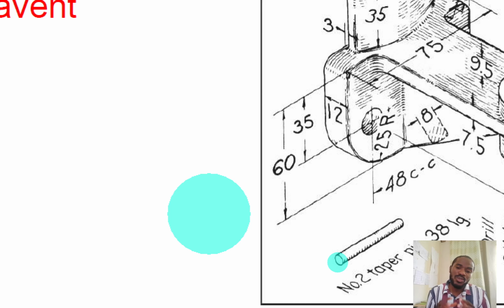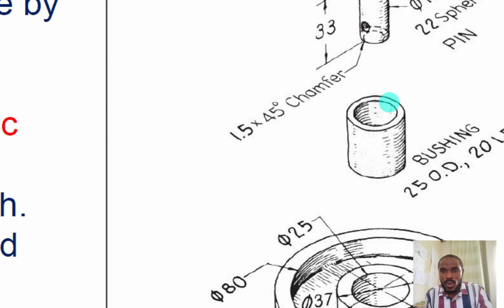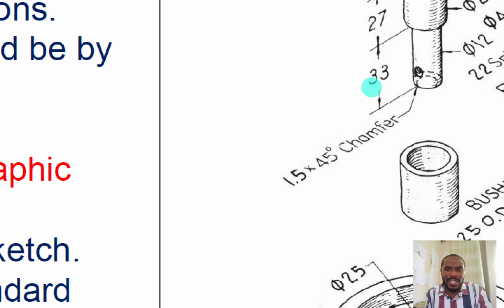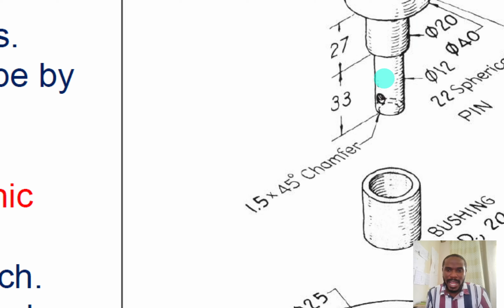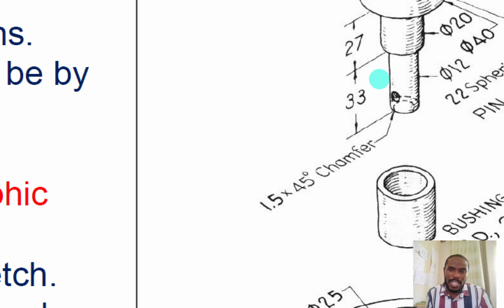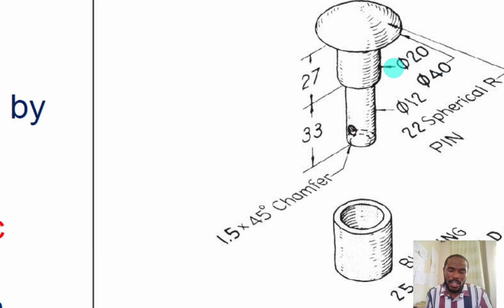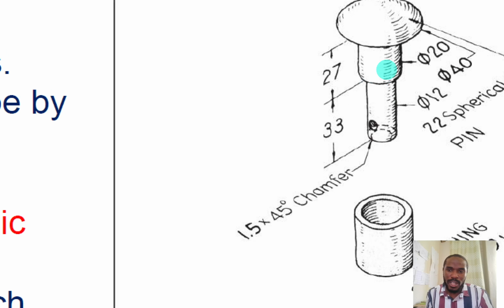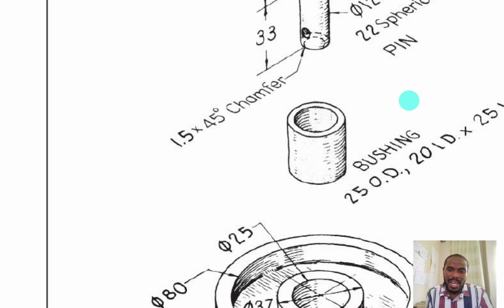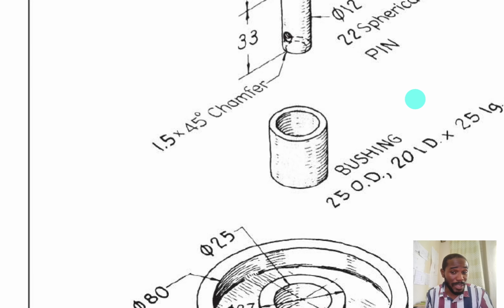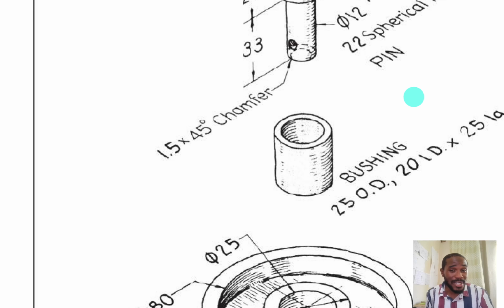So what we're going to do, because it keeps reducing, is to assume that this pin is already in here. Now, if you look at the model, this model fits into the bushing. The bushing here has an outer diameter of 25 millimeters and internal diameter of 20 millimeters.